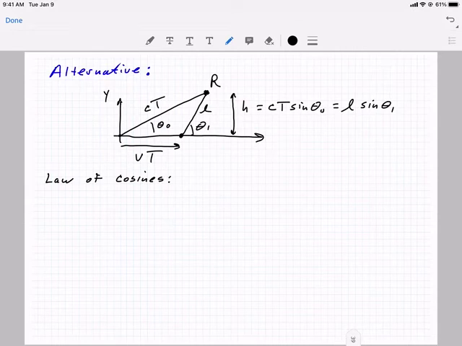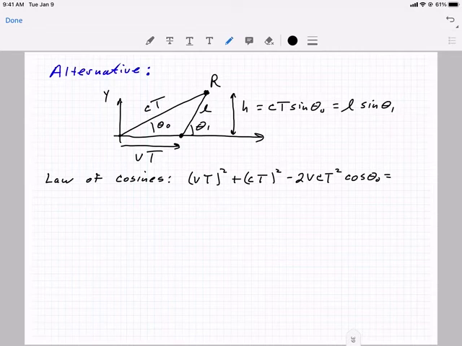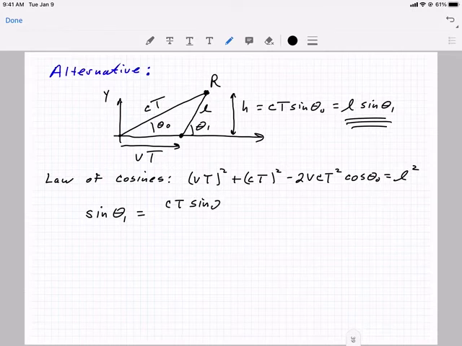The law of cosines says that we've got vt squared plus ct squared minus 2vct squared cosine theta naught is equal to L squared. All right, so let's go back to this equation and write this in terms of sine theta 1. So sine theta 1 is equal to ct sine theta naught divided by the script L.